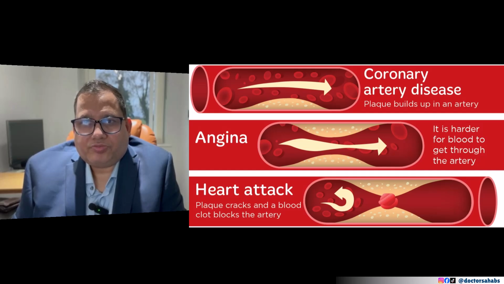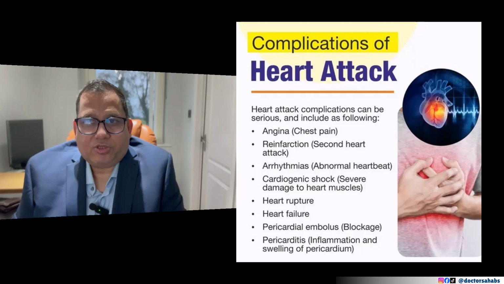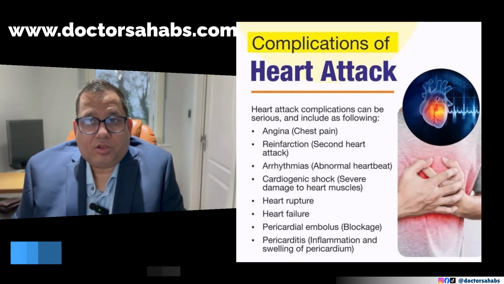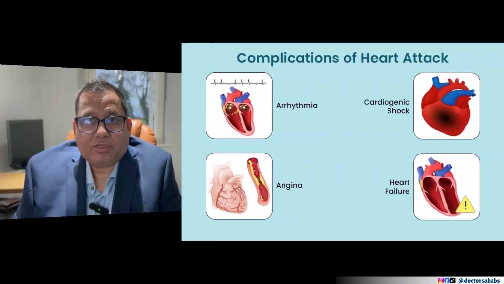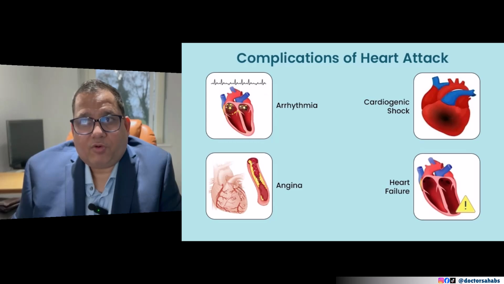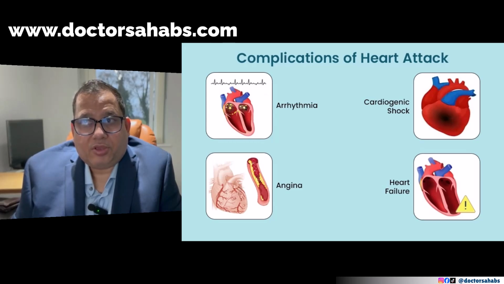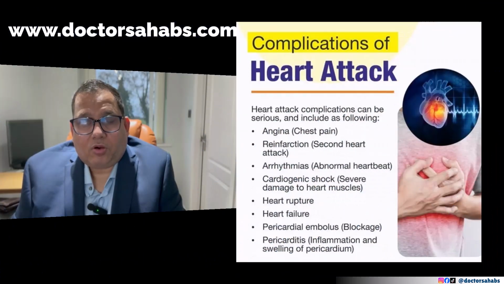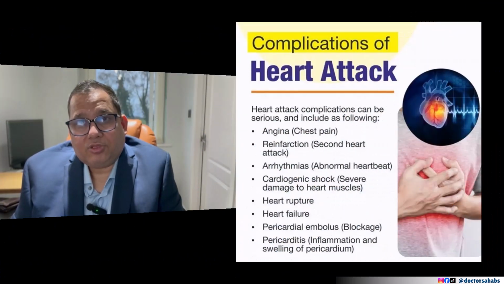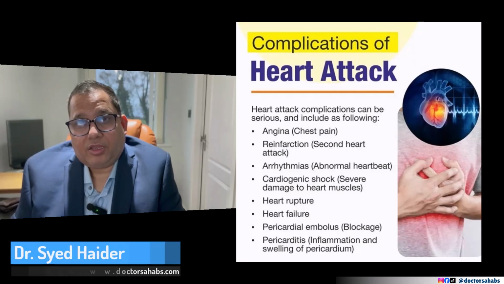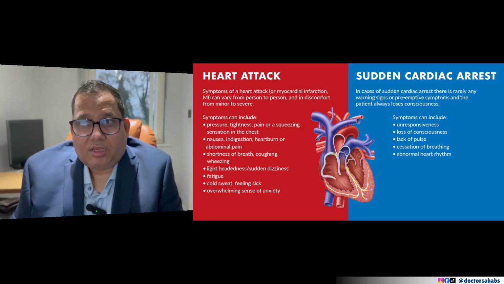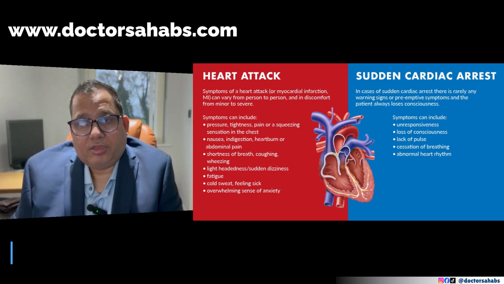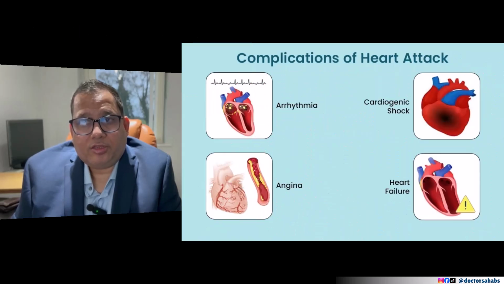Okay, so a patient can also develop some complications of the heart attack. These include arrhythmias, shock, and heart rupture as well. Sometimes the heart muscle can rupture and the wall of the heart splits. These are very common causes of death as well. These complications occur quickly after the heart attack and are the leading cause of death, because some people die suddenly due to the heart attack and these complications like heart rupture, cardiogenic shock, and arrhythmia.